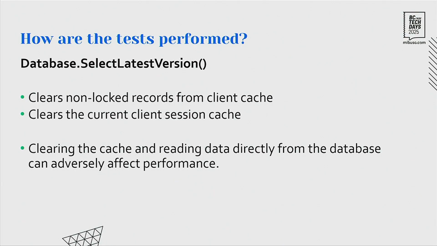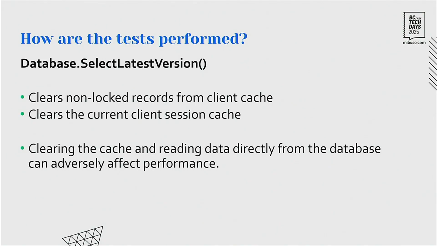I already said that we will be using raw results, not the cached results. And we are doing that by calling database select latest version before each call. What will that do? It will clear all non-locked records from the client cache and also the current session cache from the user.